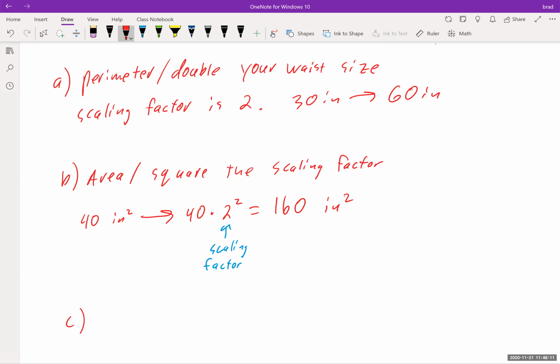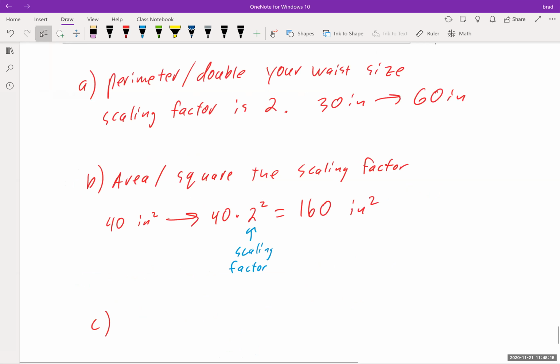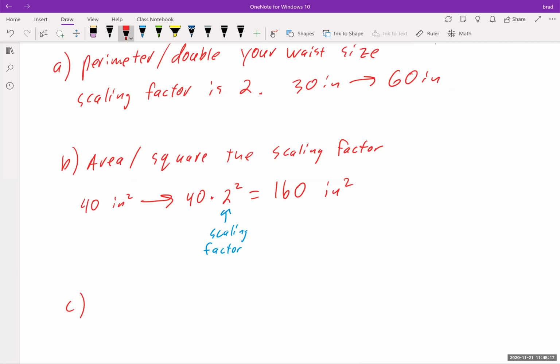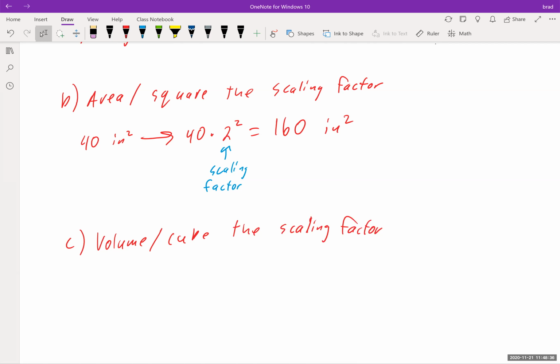Okay. So then for part C, it says by what factor is your weight changed? Weight is volume. I think that's what they mean by weight. So then we have to cube the scaling factor. Let's say I weigh 285 pounds, which I do.